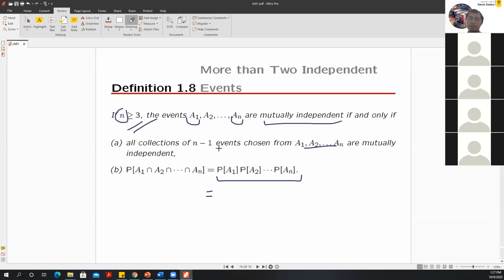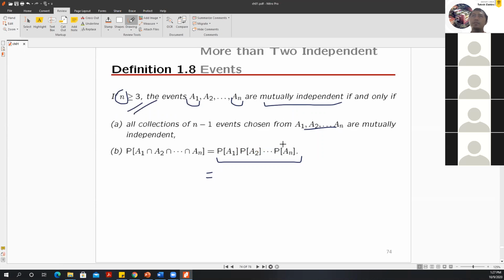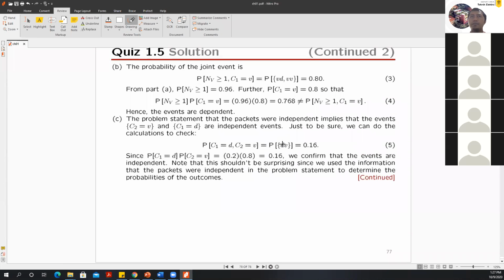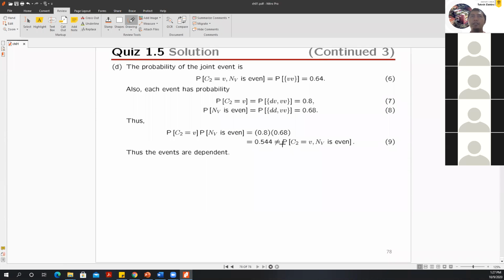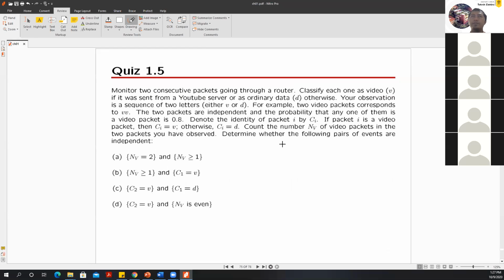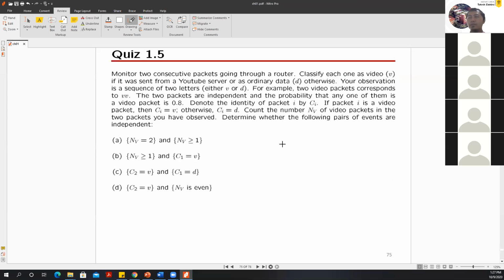And you can see that this is just the multiplication of the marginal probabilities. Okay, this is a quiz, and you can exercise by yourself.